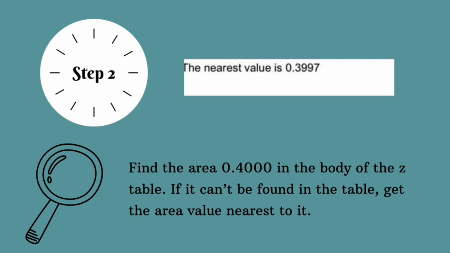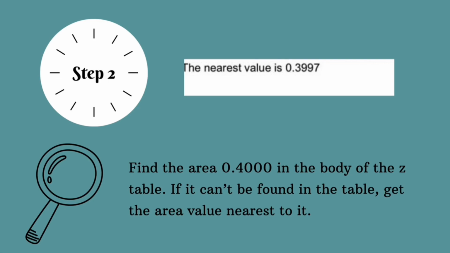And the nearest value is 0.3997. Take note, if you can't find the value of the area you are looking for, take the nearest value. And in our solution, our nearest value is 0.3997. And this is our step 2.